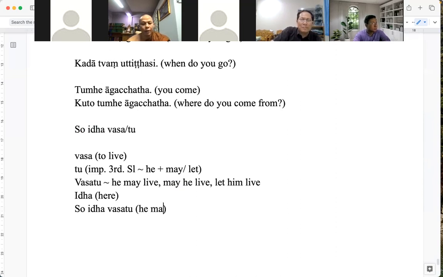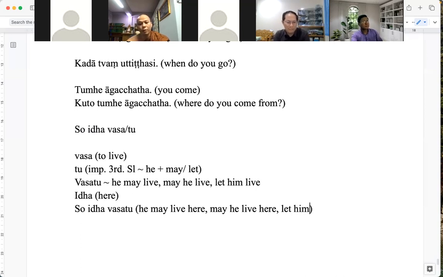So he may live here, or may he live here, or let him live here. Any one of them can be the translation. That is why analyzing the Pali verb is very important.